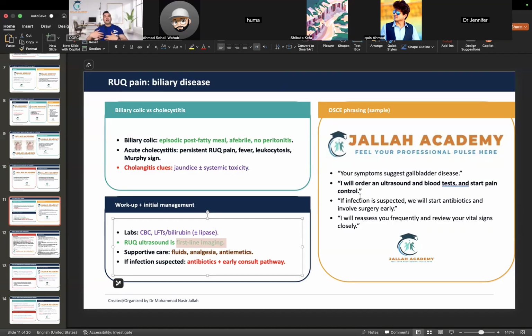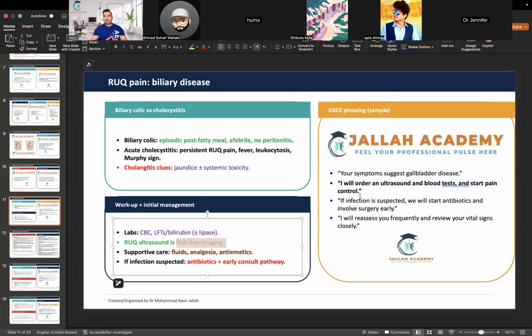But since you have right upper quadrant pain, I have to differentiate it. I have some idea based on the clinical findings and the symptoms you provided, but I would like to make sure which one is which. So I'm going to do imaging, which is the ultrasound. In the meantime, the medication helps with the pain, and we also do the imaging.